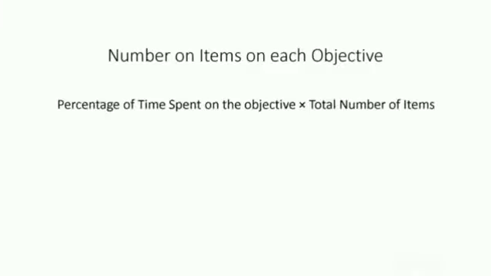This is how we calculate the number of items on each objective. So we're going to use this formula: percentage of time spent on the objective multiplied by the total number of items. So here we have 40% of time spent on a particular objective and we'll multiply that by 5 and that will give us 2 items.